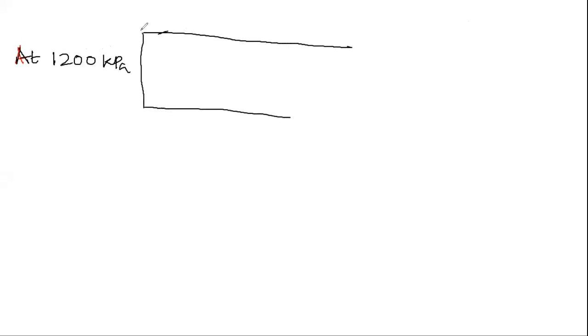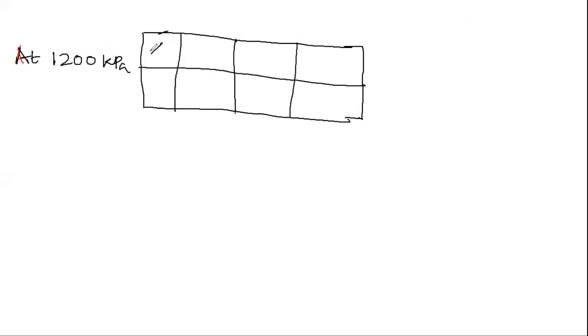At 1200 kilopascal, we will construct the table that will have 4 rows and 2 columns. On the top you have entropy, on the lower row you have enthalpy.